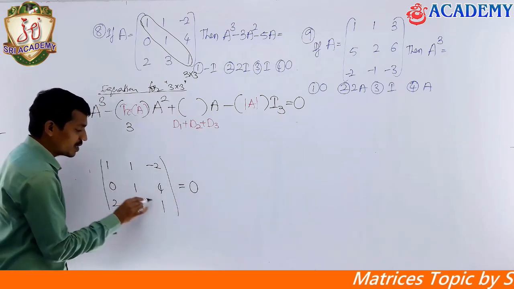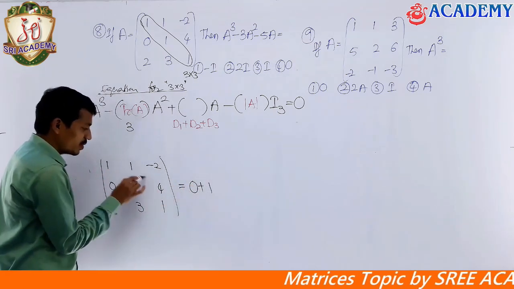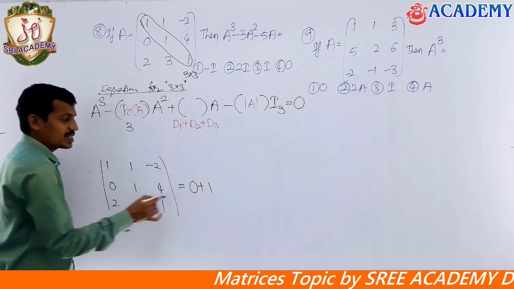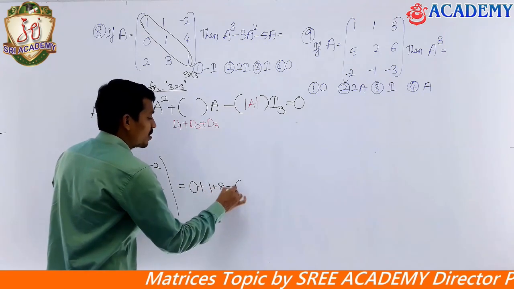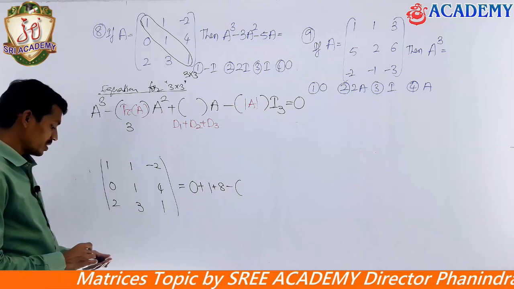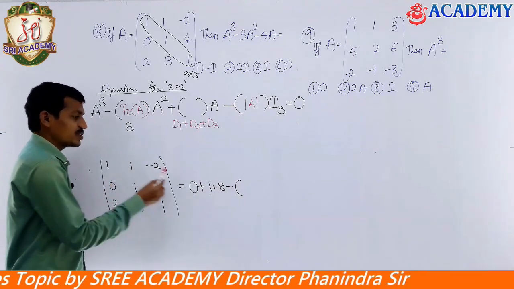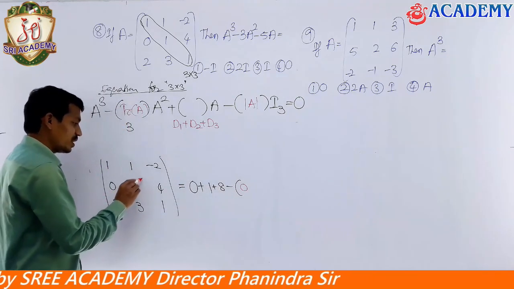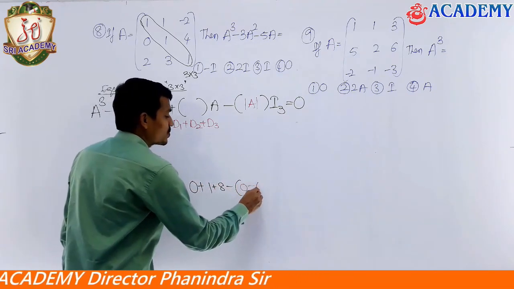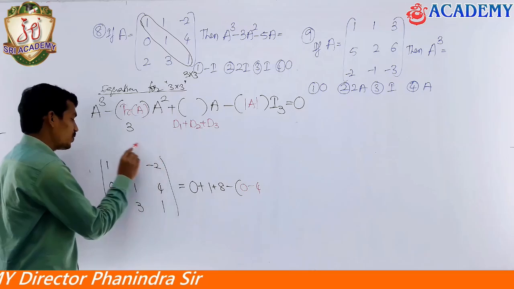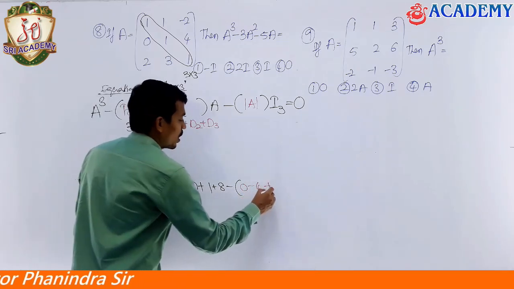Next, 1 into 1 into 1, plus 1. Next, 1 into 4 into 2 is 8, minus of: next 1 into 0 into 1, 0. Next 2 into 1 into minus 2, minus 4. Next 3 into 4 into 1, 12.